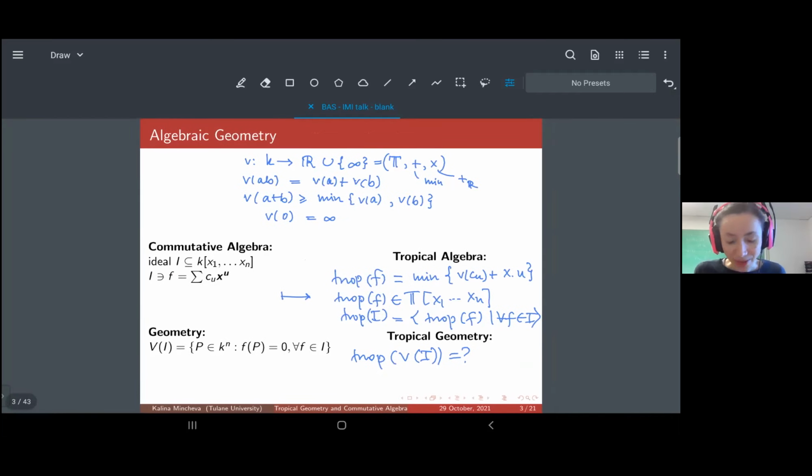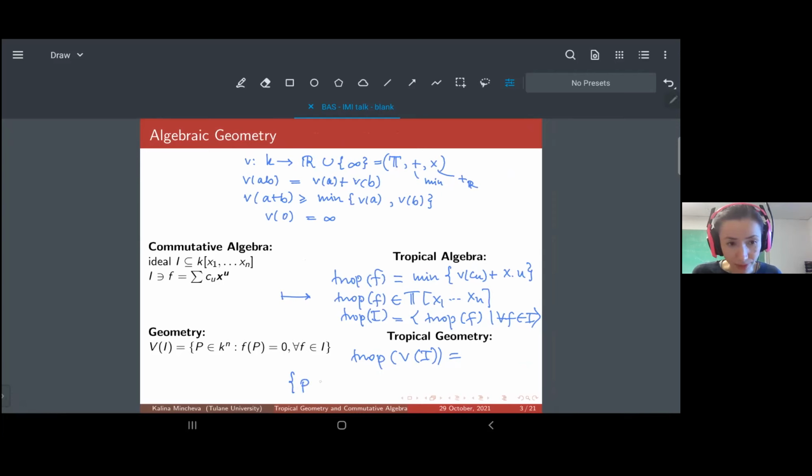So what do I do? I actually find a tropical analog for vanishing, which is I'm going to consider here all points in T to the n such that f of p vanishes tropically, which means it is either infinity or the minimum is attained at least twice, for two monomials.